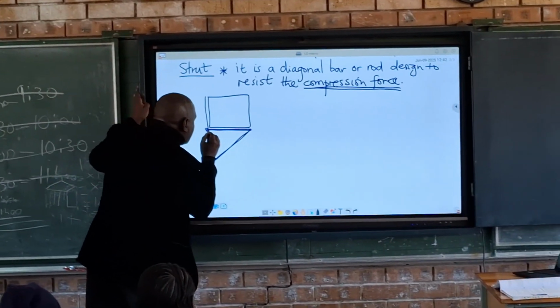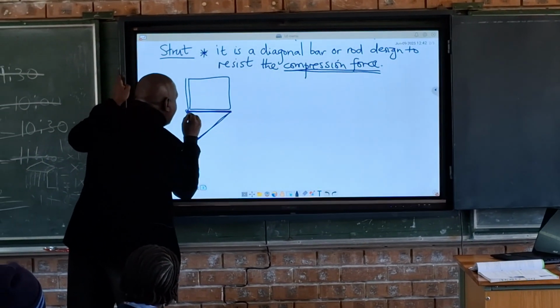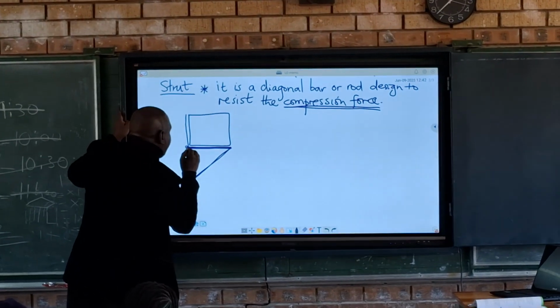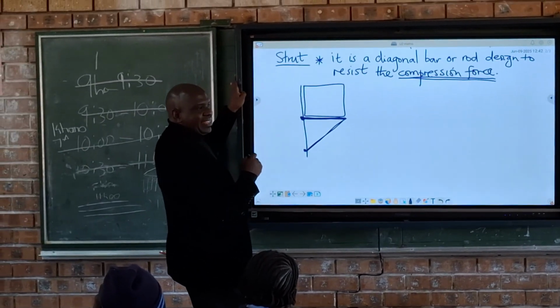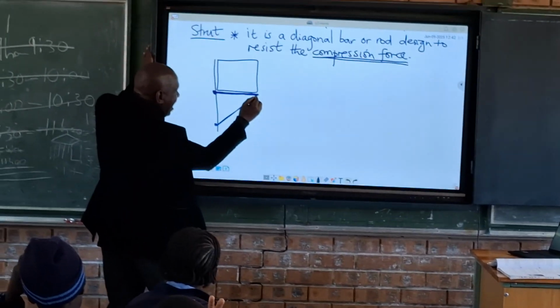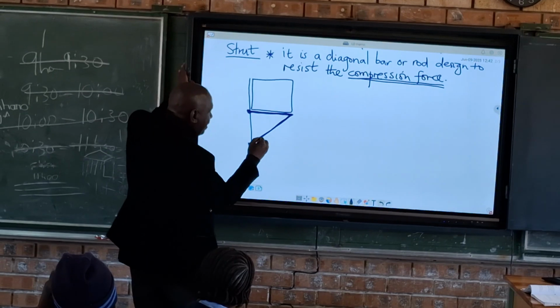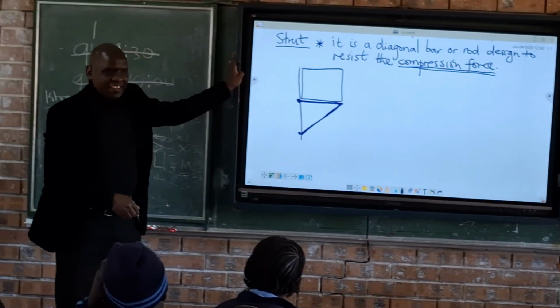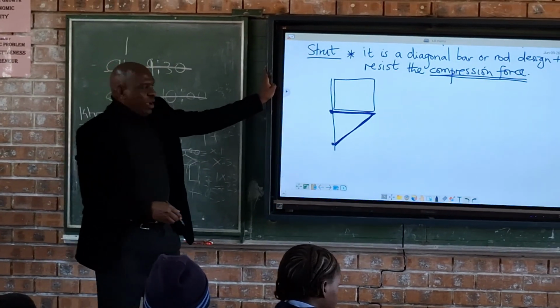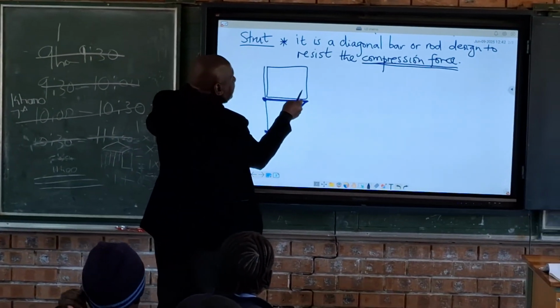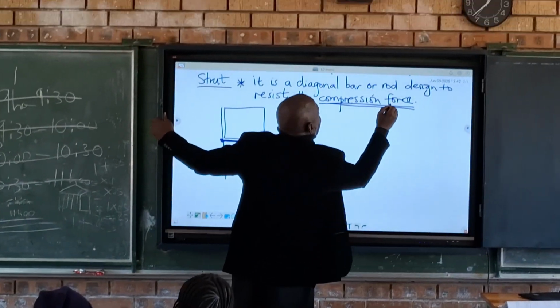Here you will put a piece of plank, and then down here you will put something, a metal-like piece. Why a metal-like object? He wants it to resist what? The compression force.